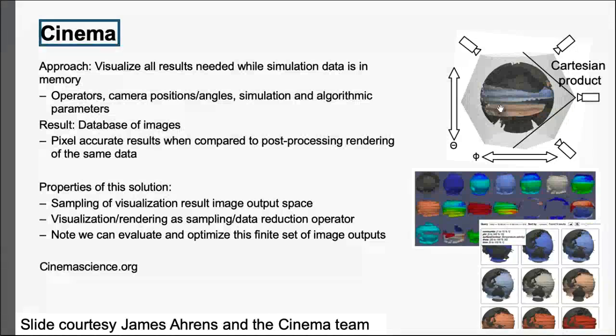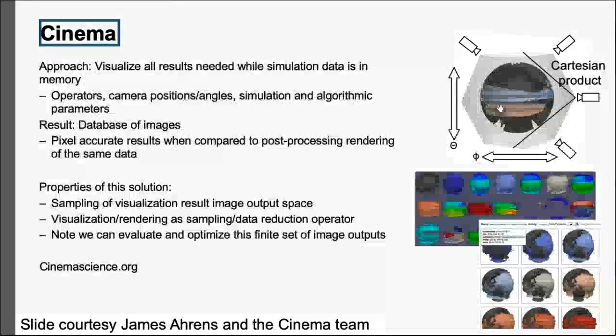If you sweep angles for the camera and also change, for example, the isosurface value, it is possible to create a database of images that can be explored later interactively, and the paper proves that this saves a lot of space compared to dumping the raw data to disk.